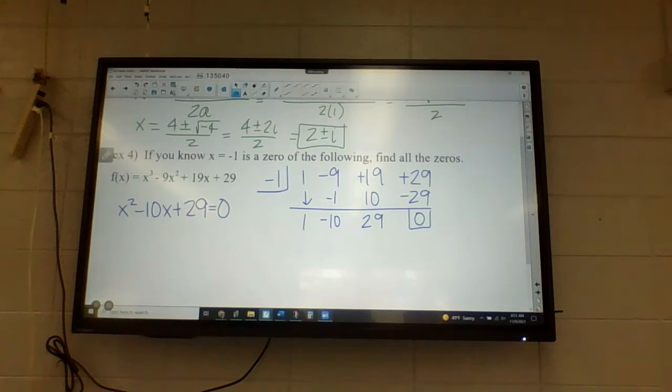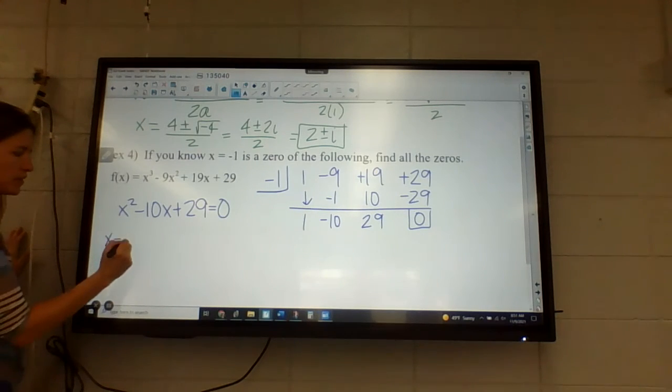Unless you wanted me to show you completing the square. I'm going to stick with just one today. All right. Finish this up.